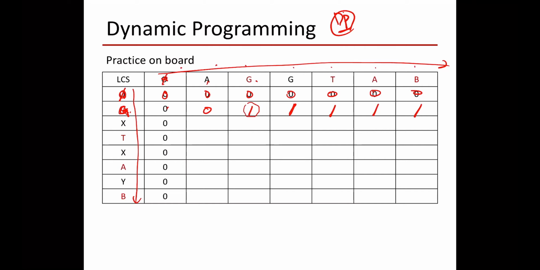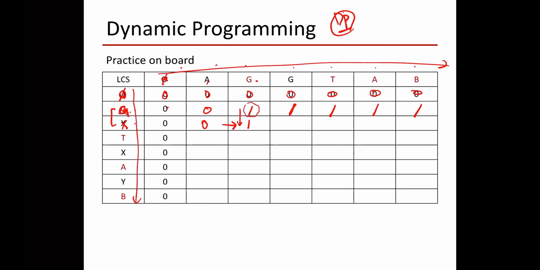Okay. So let's look at the X, meaning G and X. X has nothing to do so far. At this point, which value should I choose? I should choose 1. Why? Because my input is not just X, my input is GX, and I have a G, which means I can take this one or this one.